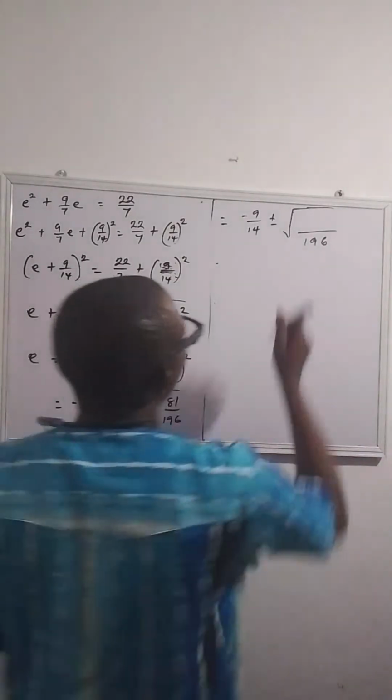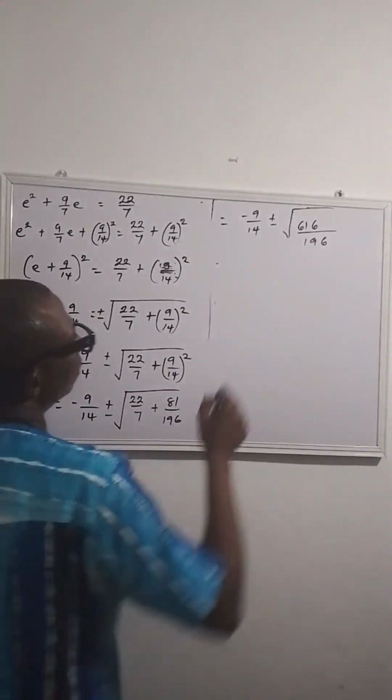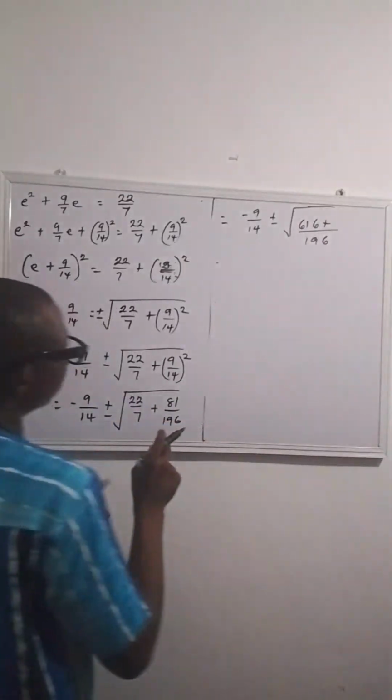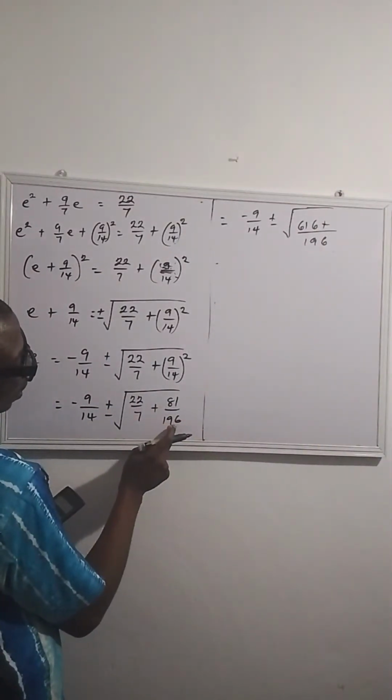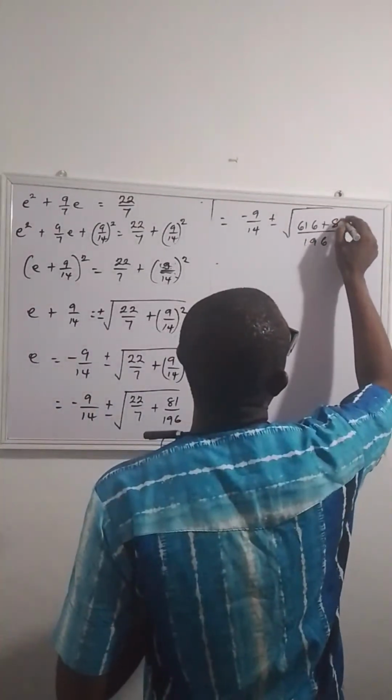So what do you have? Okay, so you have 616. Okay, so plus, 196 goes into 196, that's 1. So plus 81.